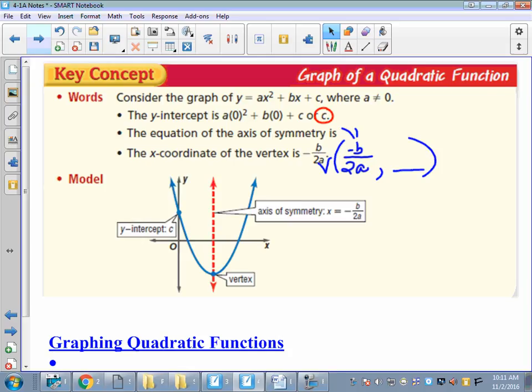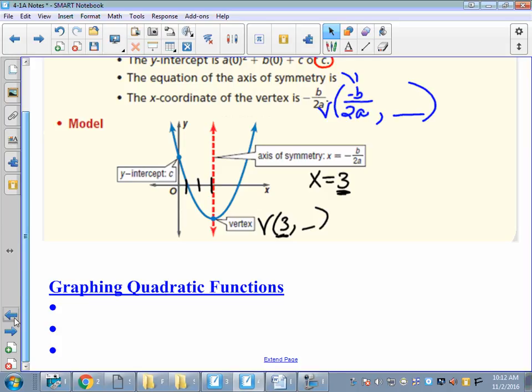So in this particular example, if this was, let's say, 1, 2, 3 units over, the axis of symmetry we would say is the equation x equals 3. That tells me that it's a vertical line at 3. For the vertex, we would say that the vertex is over 3 units, but then we'd actually have to plug it in to find the y-coordinate. So the vertex is a point, the axis of symmetry is a line, but they share that negative b over 2a value.